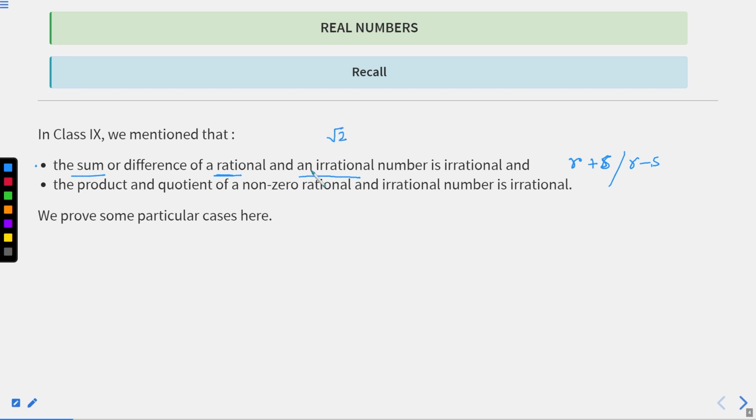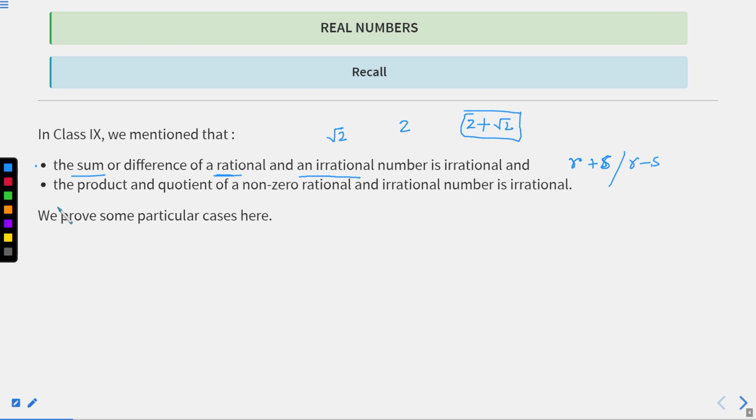We have already proved root 2 is an irrational number. If we take the rational number 2 and sum them, 2 plus root 2 is an irrational number. Or if we take the difference, 2 minus root 2 is also an irrational number.